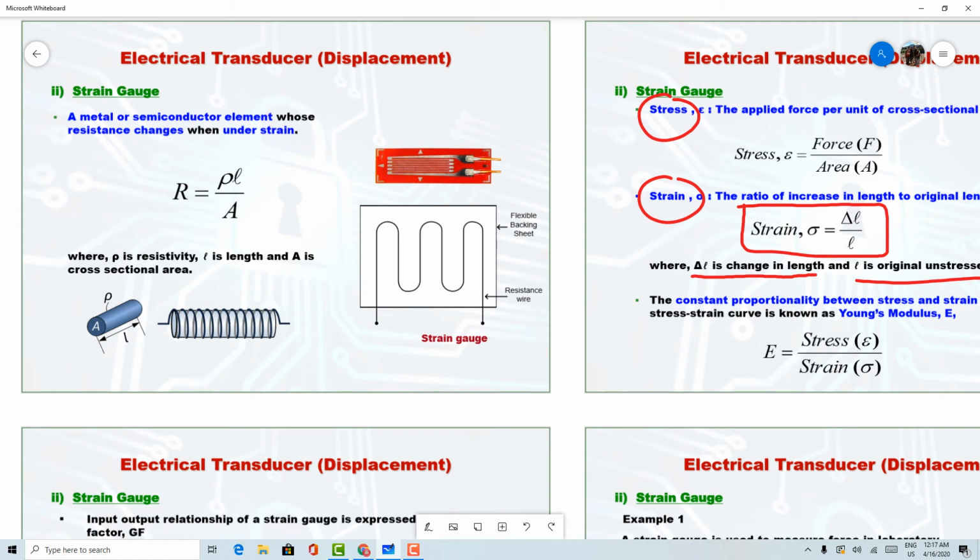Actually, the strain gauge is a metal or transducer whose resistance will change when the material or the transducer is under strain.